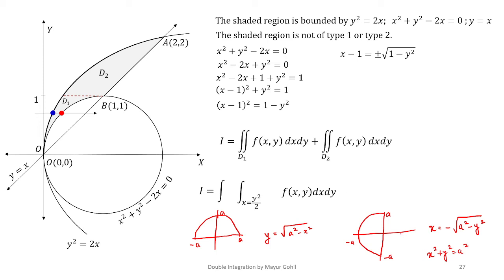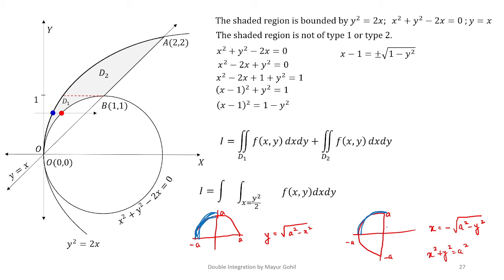Recall over here that you can see this part is common to both. I am shading here this region, this boundary here. You can see this semicircular quarter is common to both the equations.